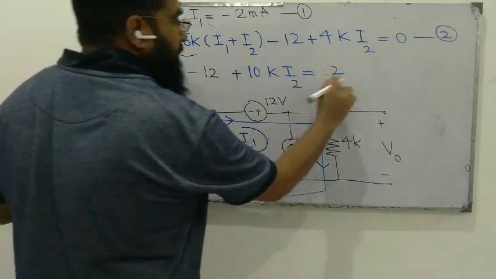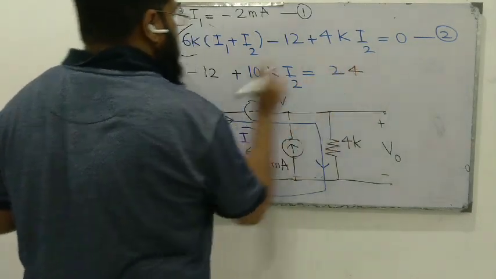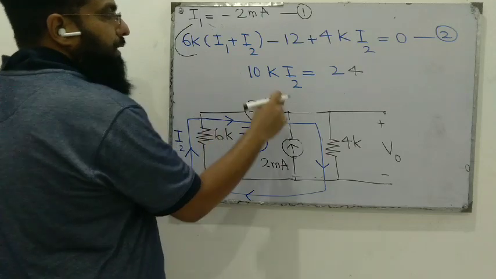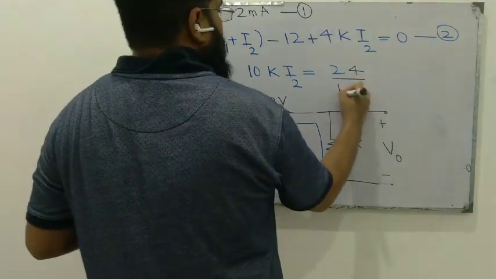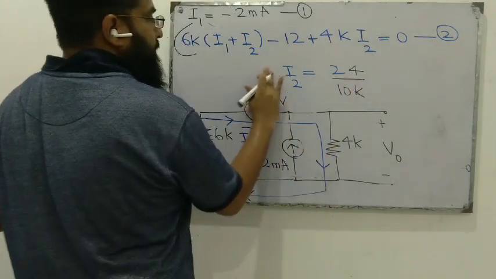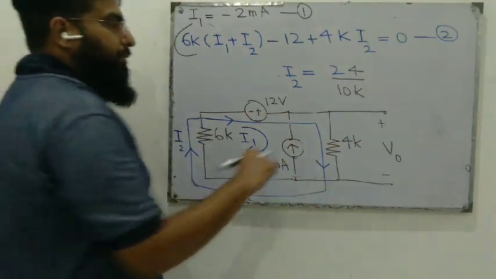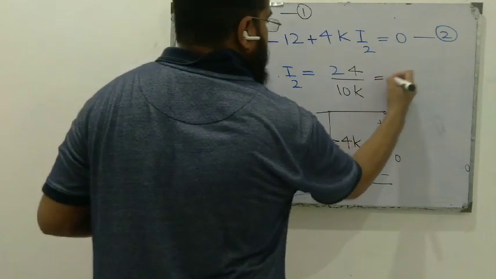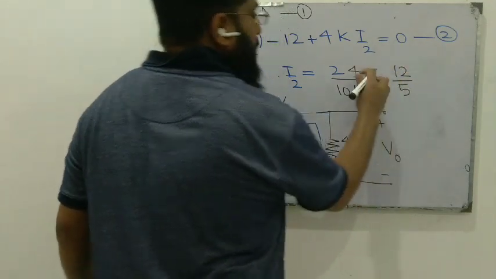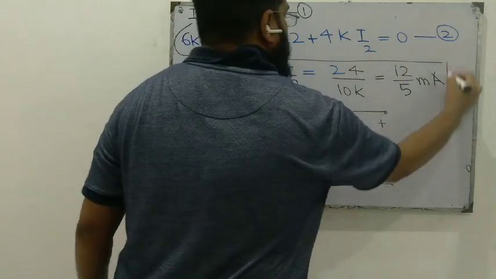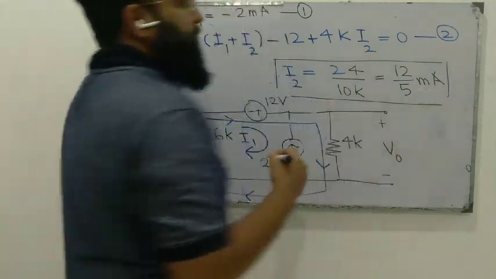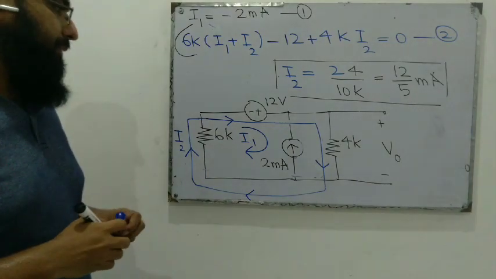Adds in this plus 12 and becomes 24. So we have 10K I2 is equal to 24, or I2 is 24 over 10K. So 12 over 5. 1 over K is milliamperes. So we have I2 computed as 12 over 5 milliamperes.